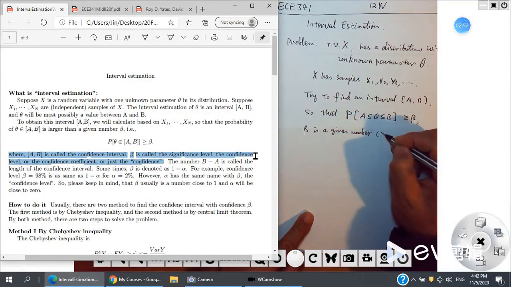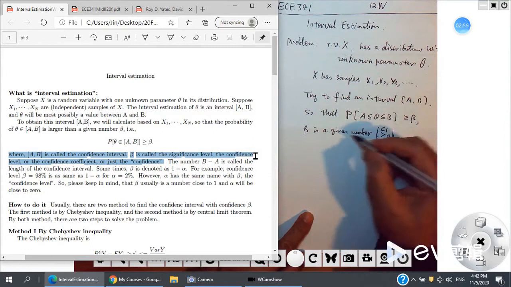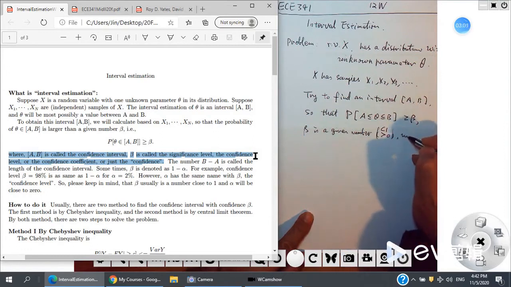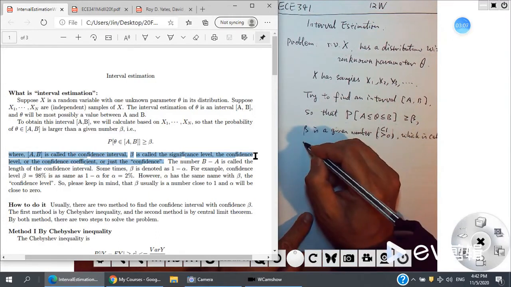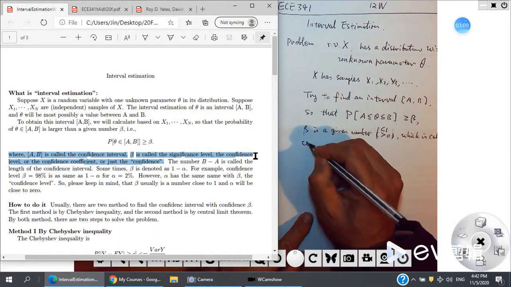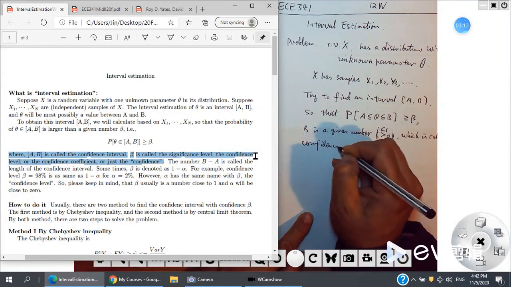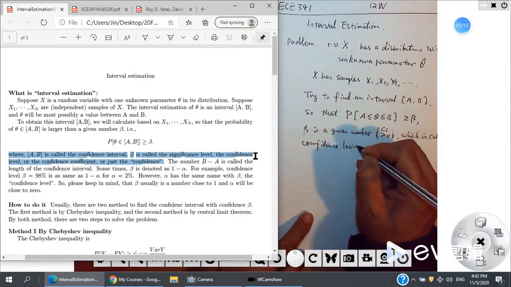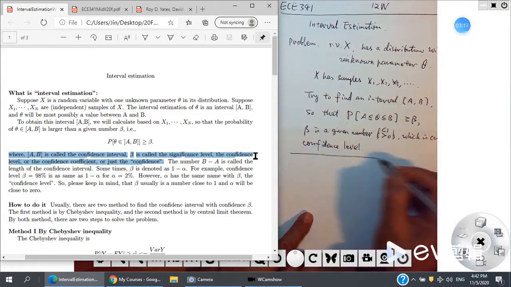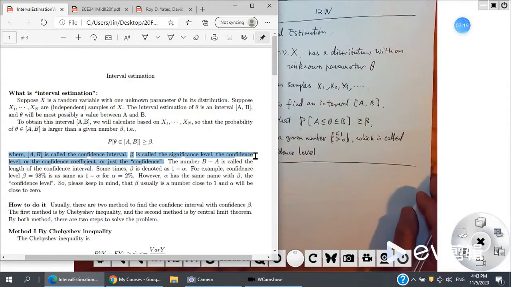Of course, it's a positive one, and also smaller than 1. It's a probability, right? It's a given number, which is called the confidence. I just use one. Okay, this is confidence level. Okay, this is a problem.